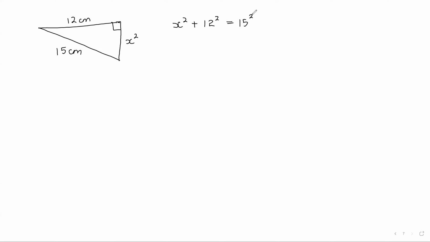Perfect. Good. Then x squared equals 15 squared minus 12 squared. Beautiful.